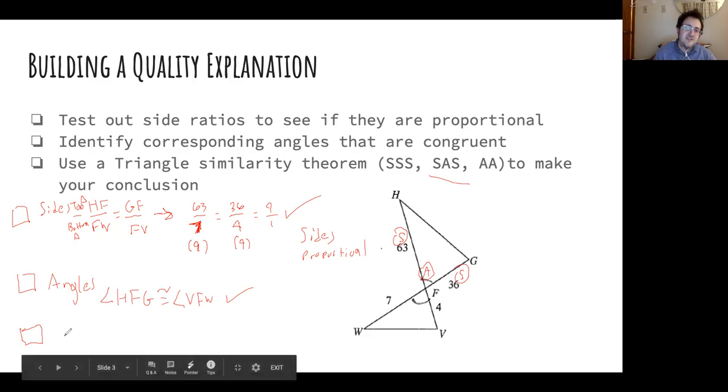So we would say that triangle FWV is similar to triangle FHG. The symbol here means similar to.